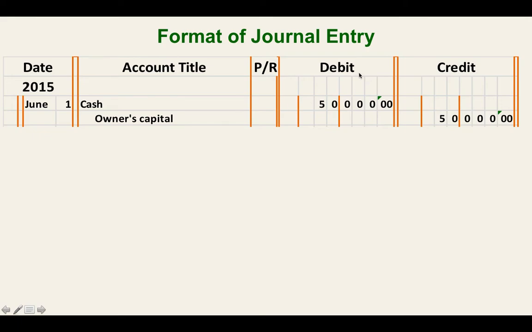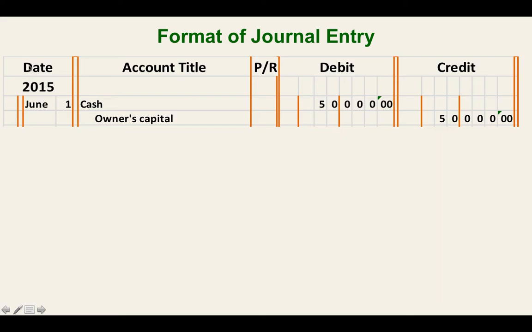And this is called the general journal, okay? The book being used to record the journal entry is the general journal. The general journal has several columns, and the first set of columns is for the date.